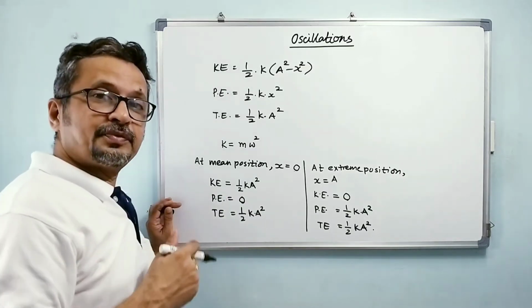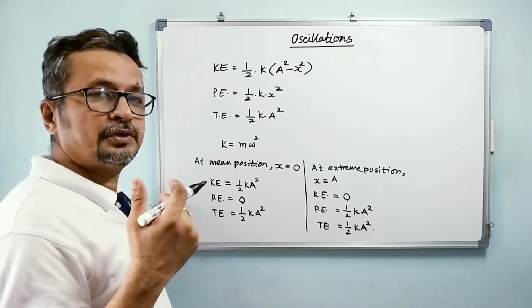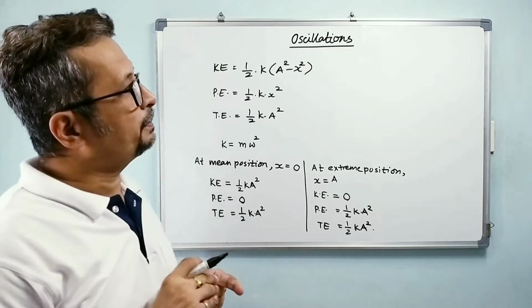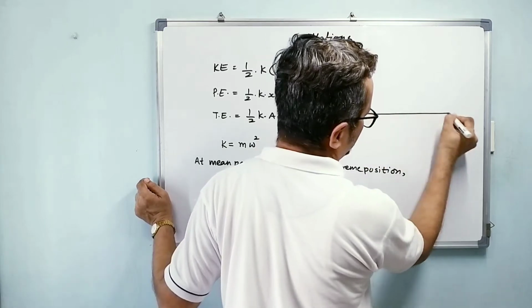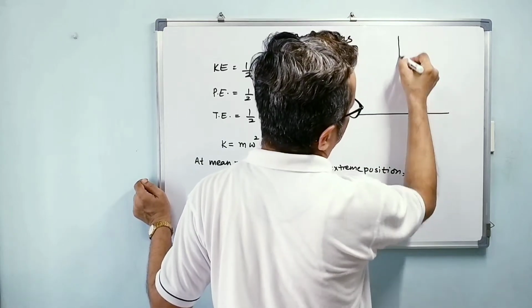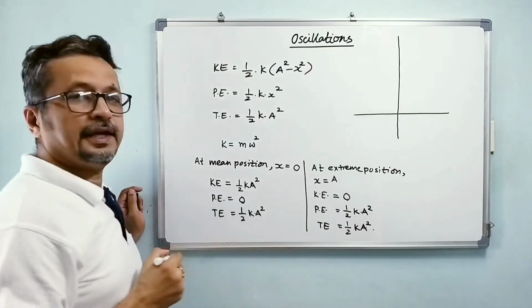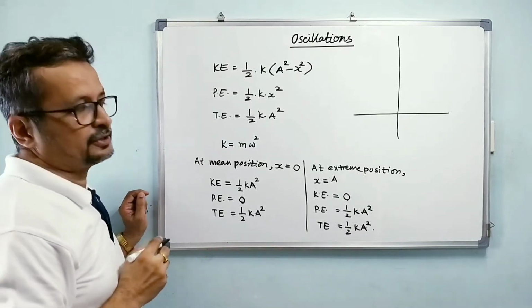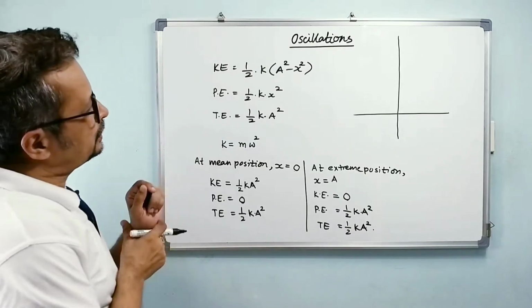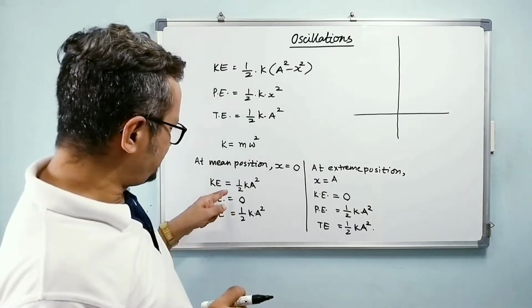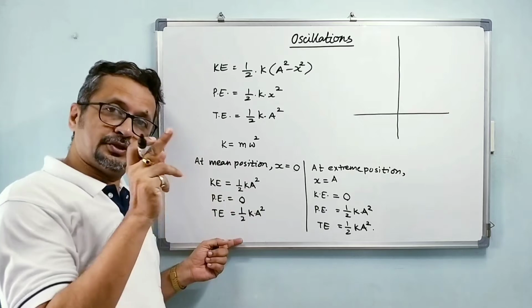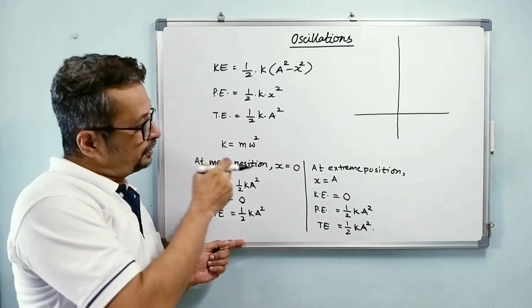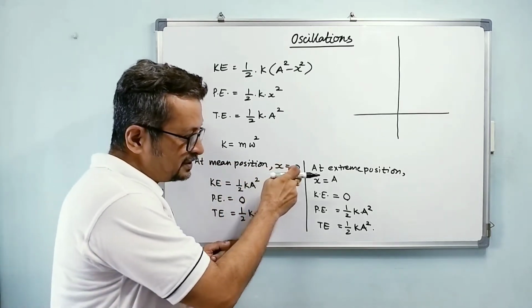Now coming to the graph of how it would look. If we have displacement over here and energy over here, let us plot energy against displacement. At the mean position, my x is equal to 0.